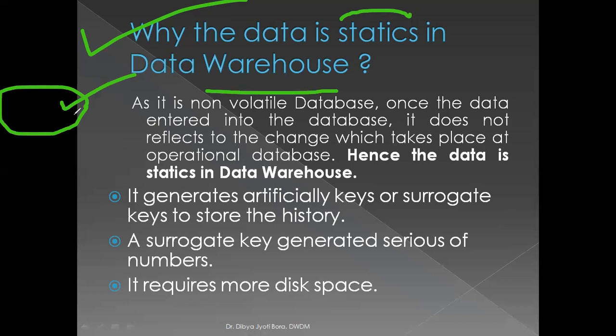You just got to know that in the case of a data warehouse, we usually omit some types of operations like delete, insert, update, right? So this directly implies that the data warehouse data is non-volatile in nature.